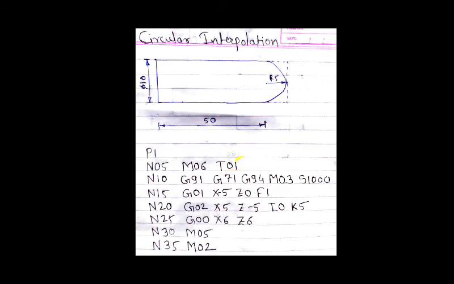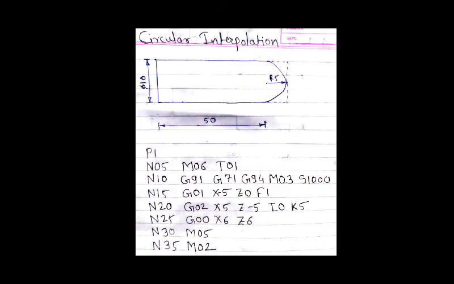So I am going to repeat once again. P1 is the program identification number, N05 the sequence number, M06 for tool change, selecting our tool T01. Then N10: G91, G71, G94, M03, S1000.